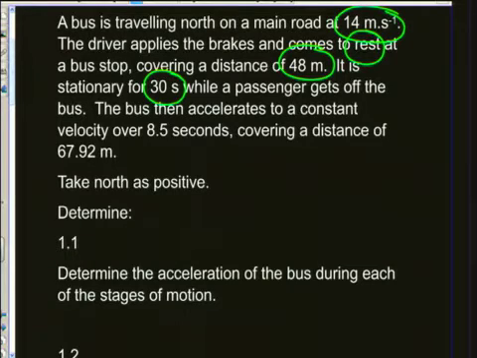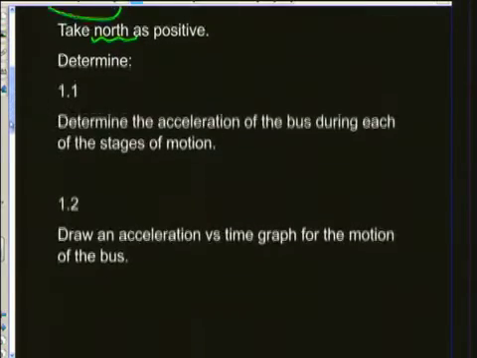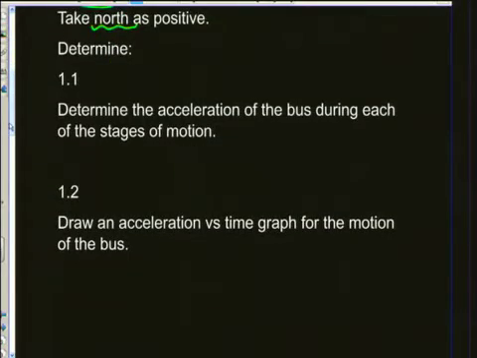The bus then accelerates to a constant velocity over 8.5 seconds, covering a distance of 67.92 meters while it's accelerating. They're telling us to take north as positive. Determine the acceleration of the bus during each of the stages of motion.